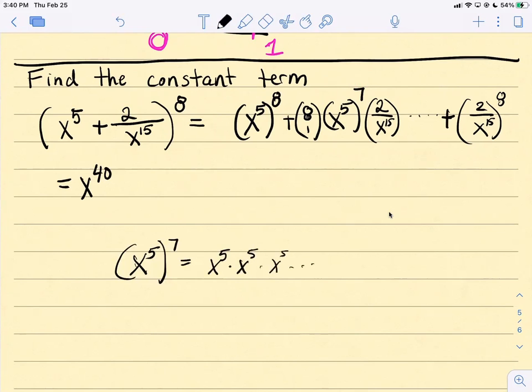If you break it up and look at how many x's you see, how many would we see overall? 7. Oh, I mean each of these is also x, x, x, x, x, x, x. So overall, 7 times 5.